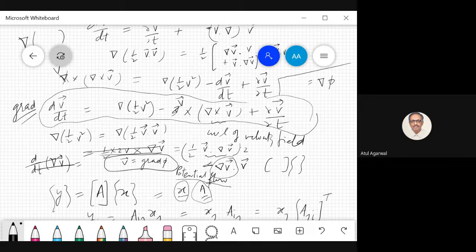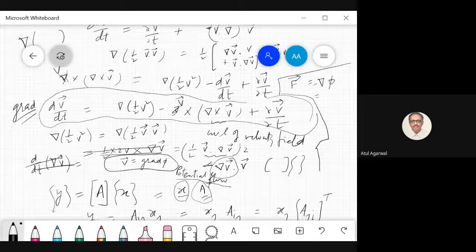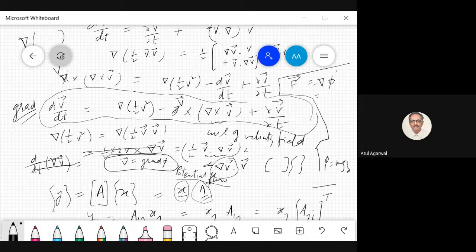The gravitational force is minus gradient of phi. So that is why you call it a potential field. You say phi is your mgz. If your phi is mgz, you are measuring your z like this.